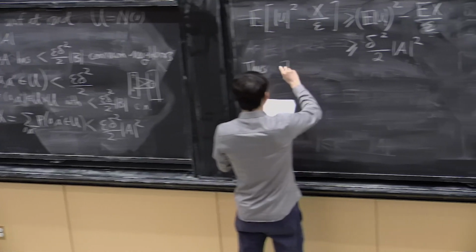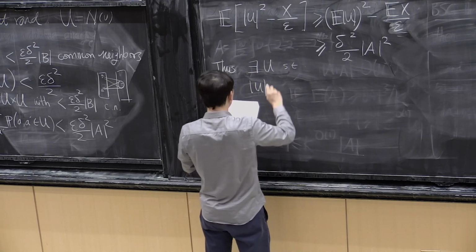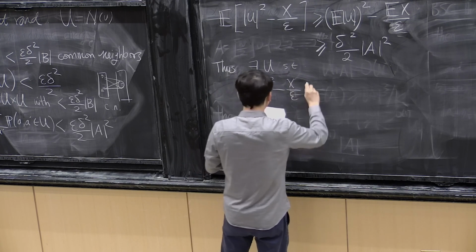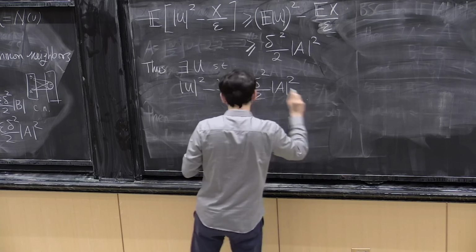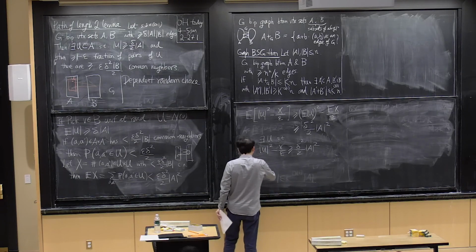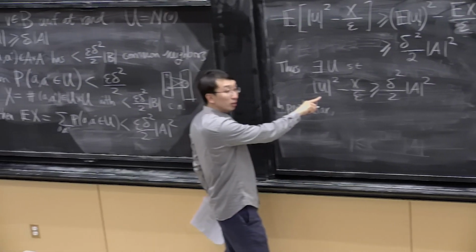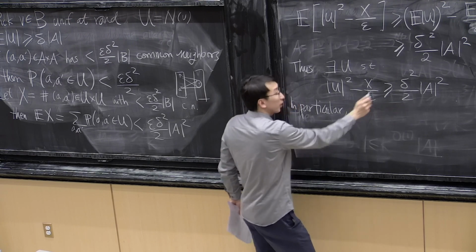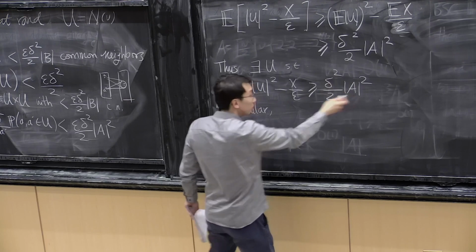So there exists some U such that this inequality holds. And in particular, we find that the size of U is at least, just forget about this minus term, it's at least the right-hand side square root.